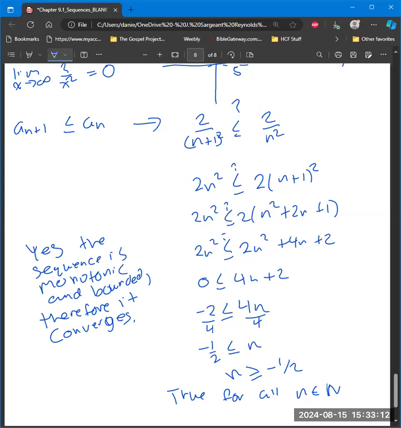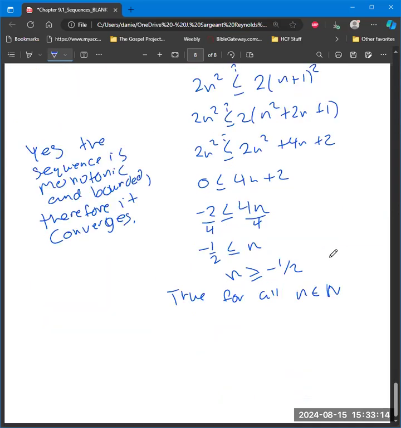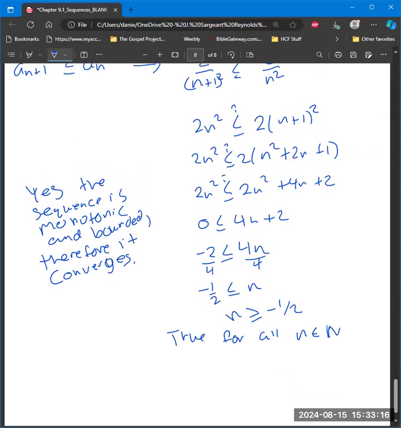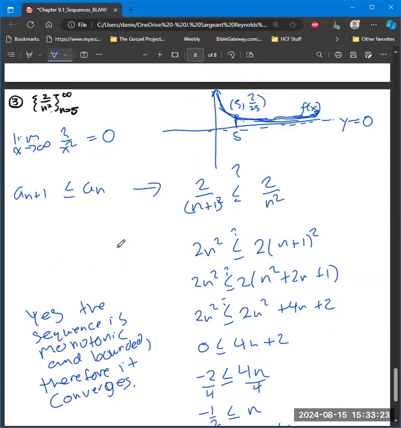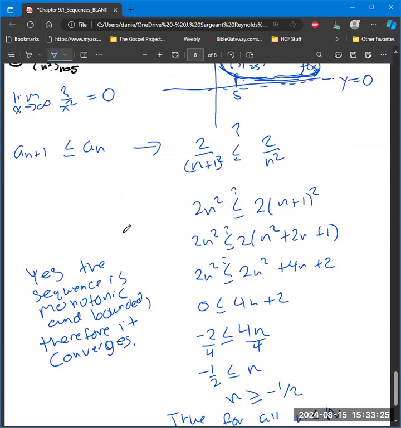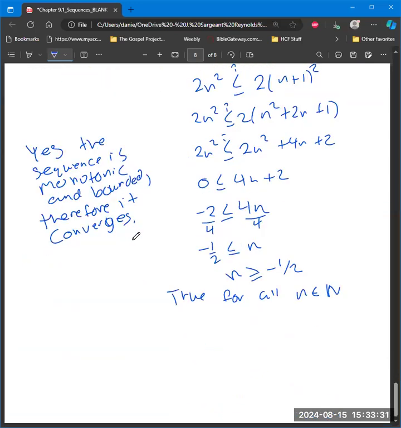Right? That's it. If we actually wanted to find what it converged to, then we've already done that here. There's the limit. It's converging towards 0.